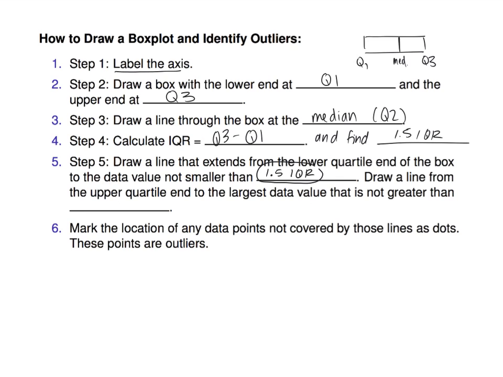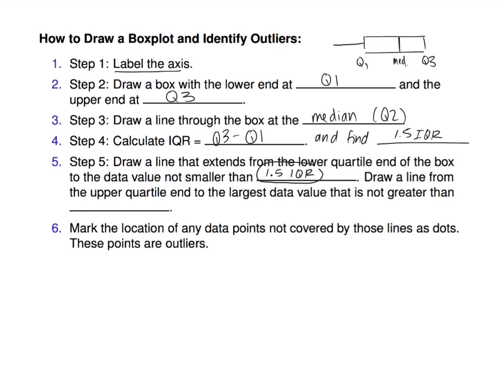Yeah, so this 1.5 IQR is the thing you're going to use to figure out what are your outliers. So from your box, you draw a line in this direction until, if your bottom value is less than this distance away, it goes to the bottom value. If your lowest value is more than that distance away, you stop at the next lowest value. And we'll have an example. It'll probably be a little bit better once you see it, okay? But you don't go further down below Q1 than this.